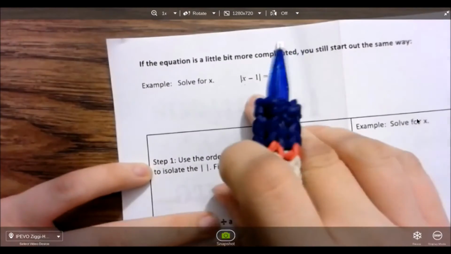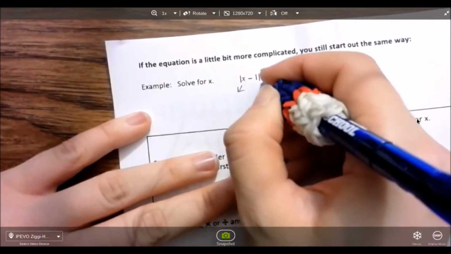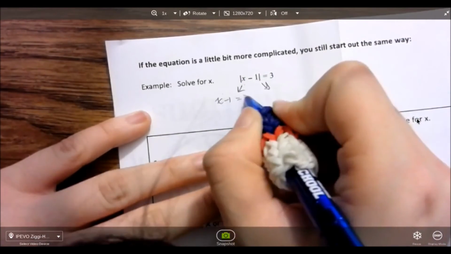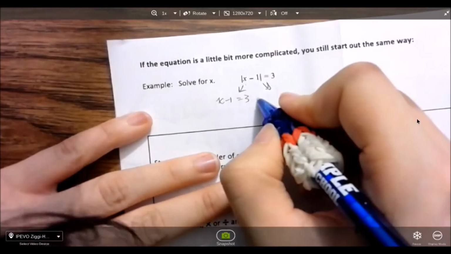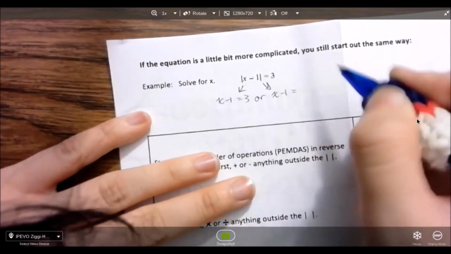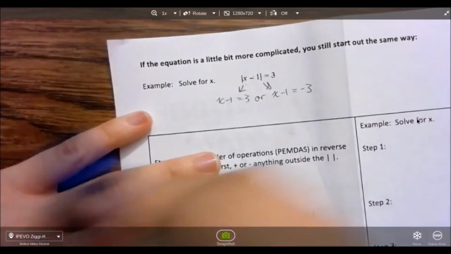So we're going to do the same thing here. Okay, so the right side of my equation is 3. So that means x minus 1 could be 3, or x minus 1 could also be negative 3, because it could be 3 spaces in the other direction.